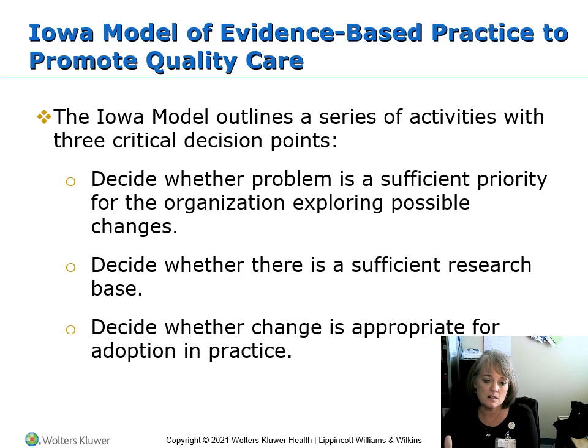And then, when we look at what the evidence says, is this change appropriate for our specific area? We're not going to take something necessarily from peds and automatically choose to implement it for an adult population. Or we're not going to take something that's being done in an outpatient area and adapt it into practice in an inpatient area.